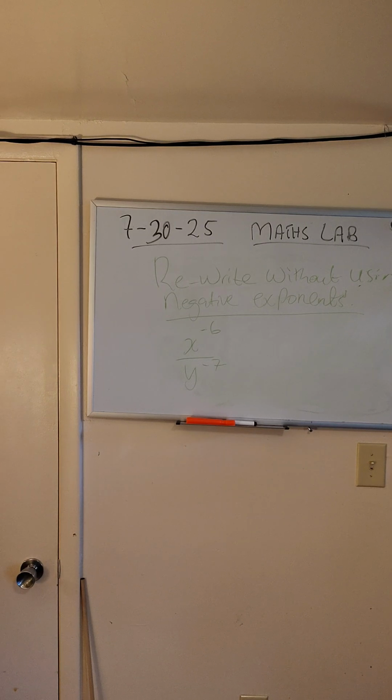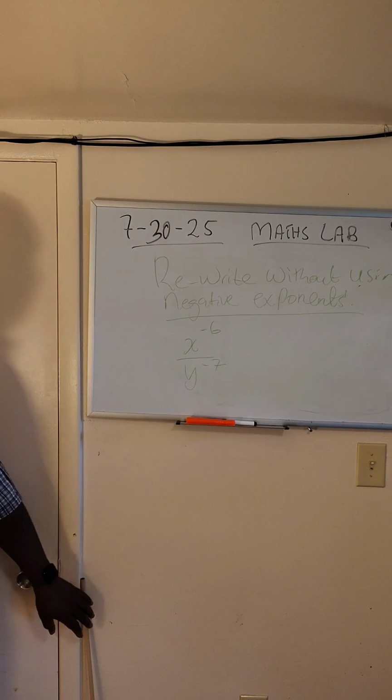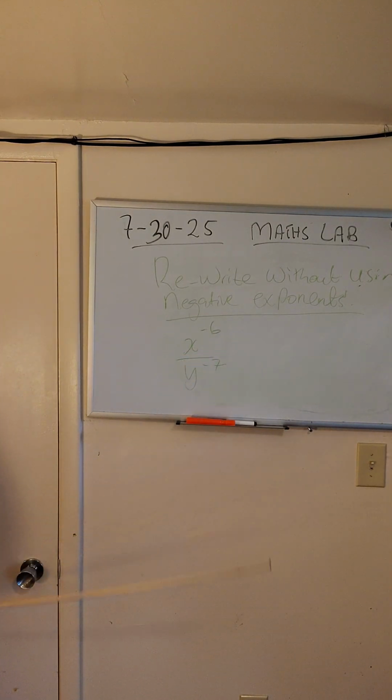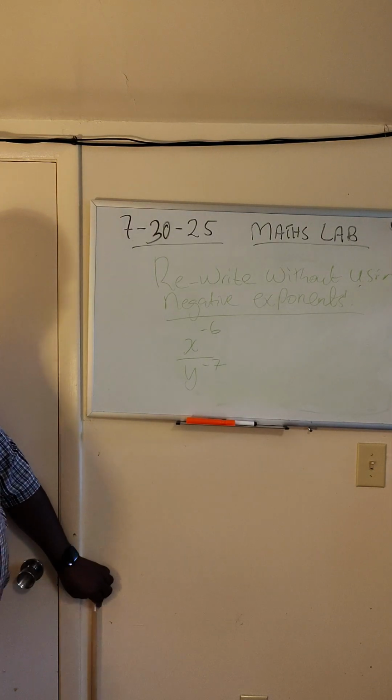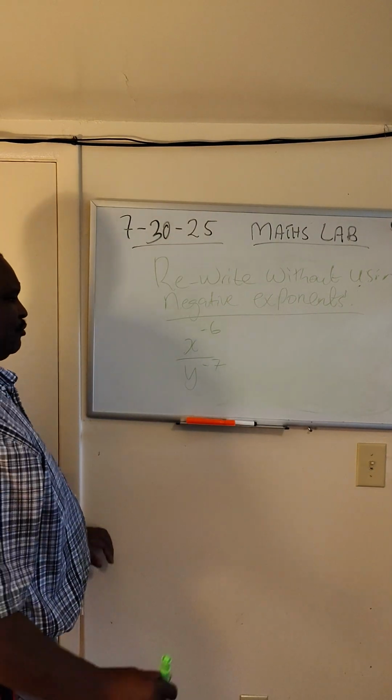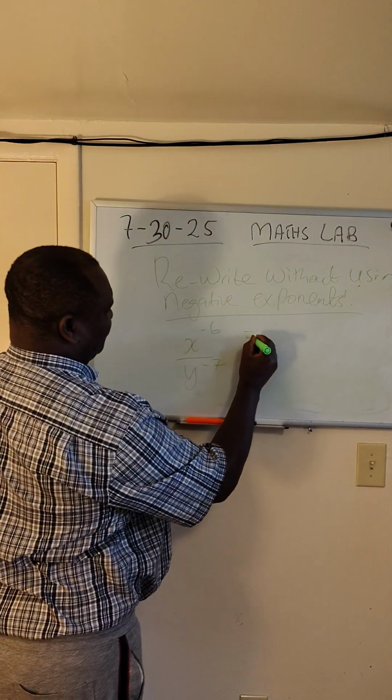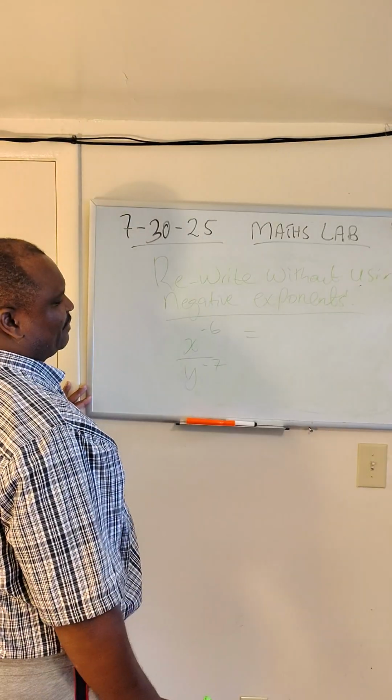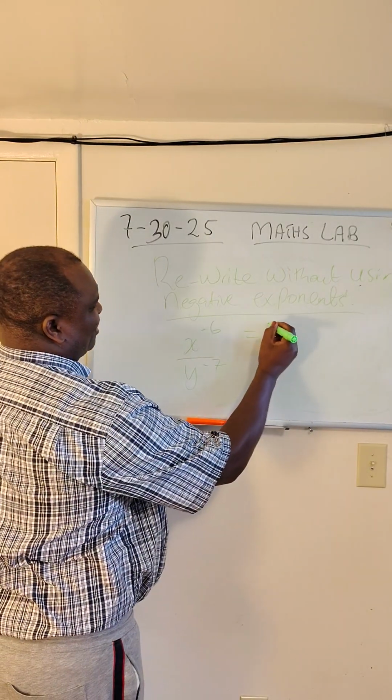Because remember, we have a negative 6 right there. So we are going to have to find out what is the numerator of that negative 6. When you're trying to find the numerator, remember there's always a 1 somewhere.